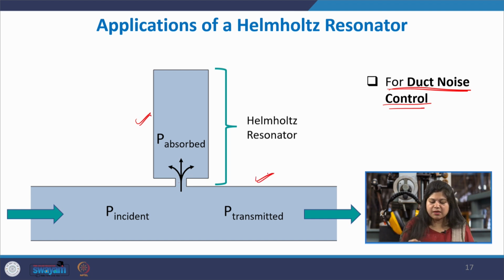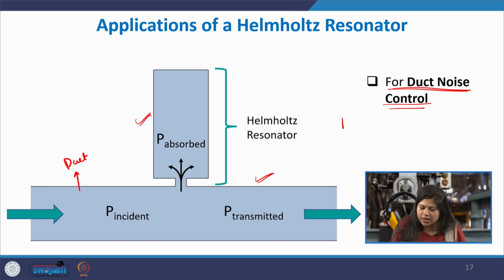This is a typical schematic of how a Helmholtz resonator is inbuilt into a duct. This is your duct or the pipeline, and then on the sideways you have got this protuberance or a cavity built up, which is the Helmholtz resonator, and it is used to absorb the duct noise.